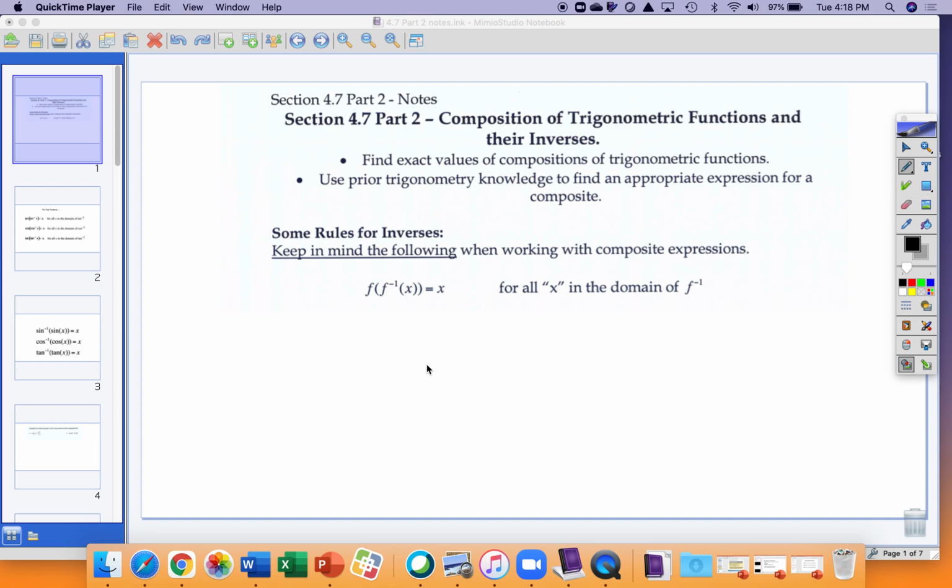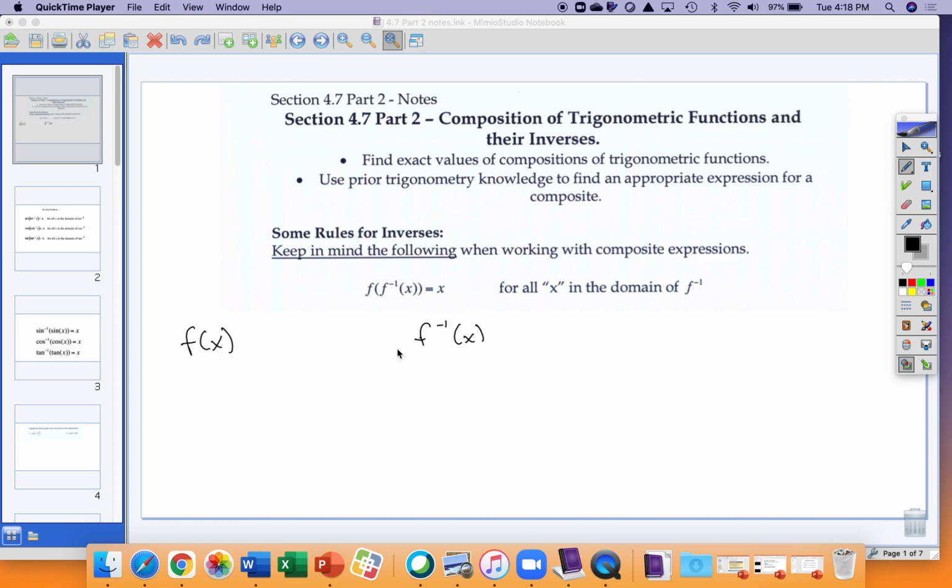Before we do this, we have to recall how to determine if two functions are inverses of one another. Remember, if I have a function, and we'll call the function f of x, and I have its inverse, which we'll call f inverse of x, which is that little -1 means inverse.